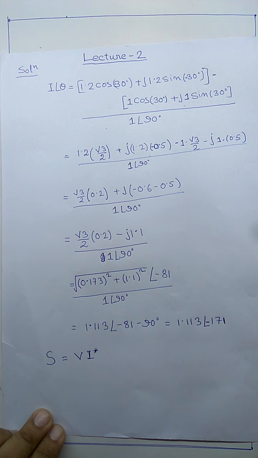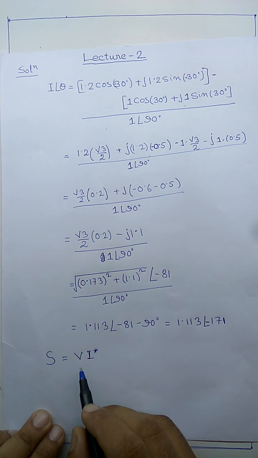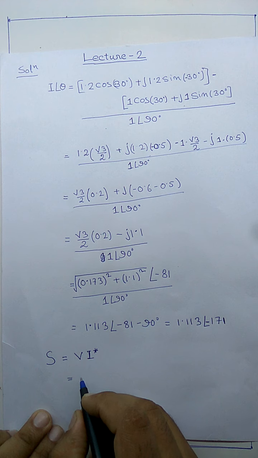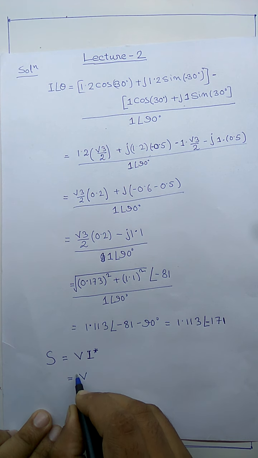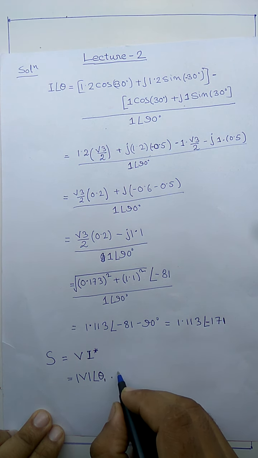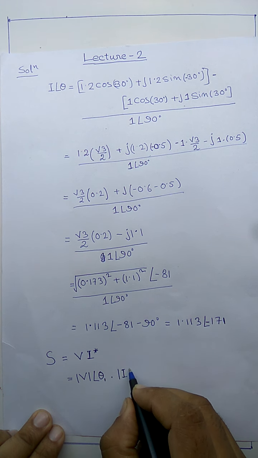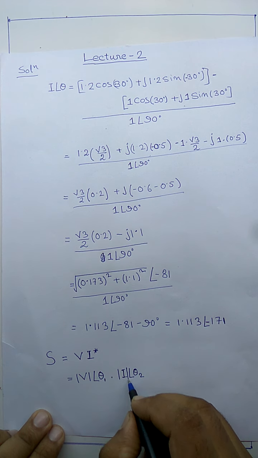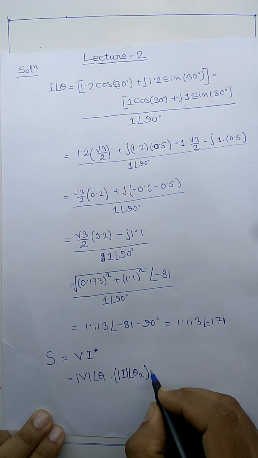Now we need to understand clearly why we need to find the conjugate of this variable I. Now this V and this I are complex numbers. So these can be represented as magnitude of V at an angle theta 1 into magnitude of I at an angle theta 2, and then conjugate.